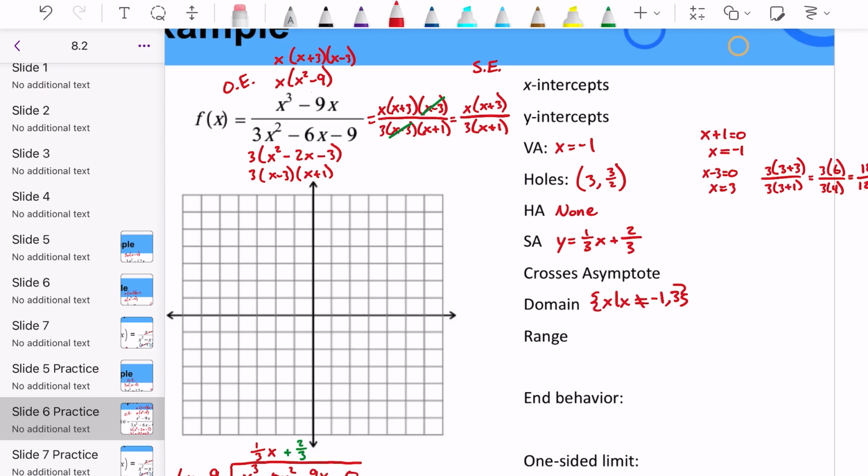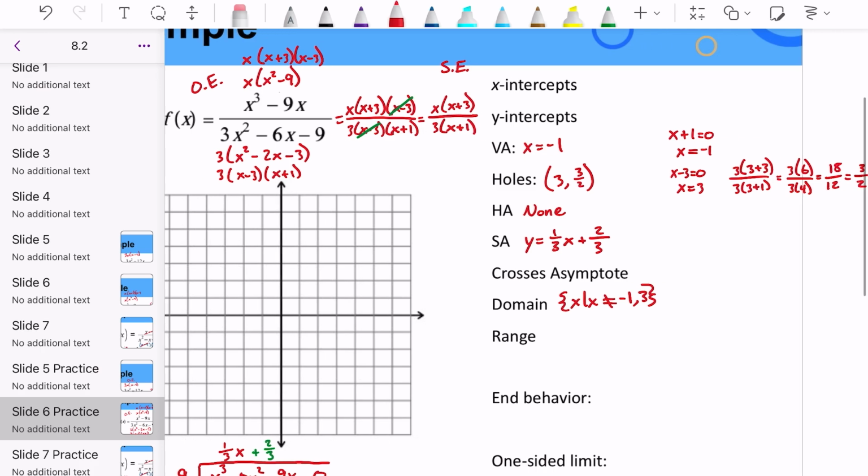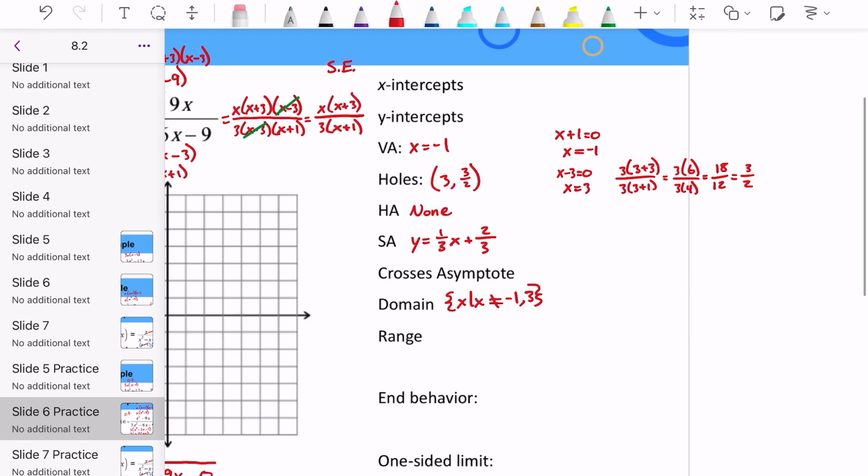We would then go ahead and determine the cross asymptote. In order to determine the cross asymptote, usually we would set our horizontal asymptote equal to our simplified equation. But in this case, since we don't have a horizontal asymptote, it would be our slant asymptote that would be put in its place.